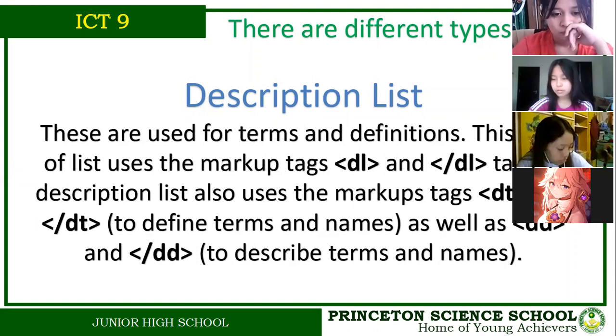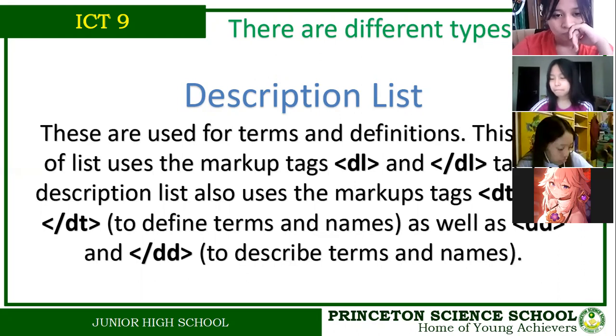So the DT is going to provide the title or the main subject of the list. So for example, we're going to list items that have definitions. So items with definitions, like for example, subjects.